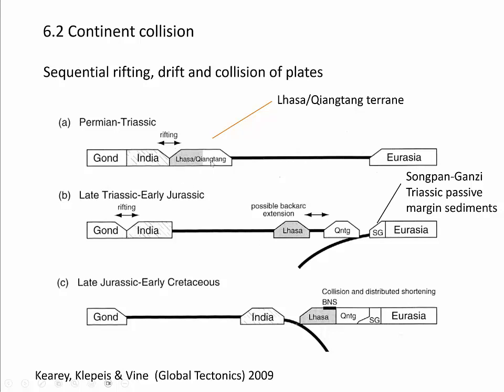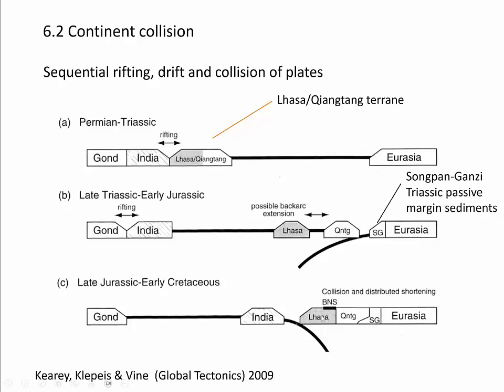The Lhasa-Qiangtang terrain drifts over the oceanic basin, separating Gondwana from Eurasia, and this one single block breaks apart into separate ones, the Lhasa and the Qiangtang terrain, which are probably separated by a back arc basin that forms as a result of steep subduction underneath the Qiangtang terrain.